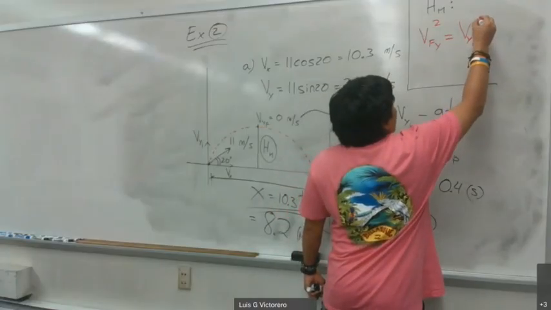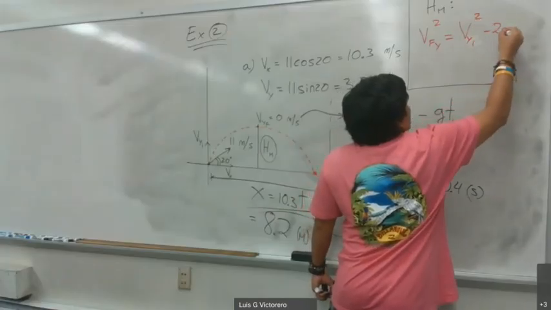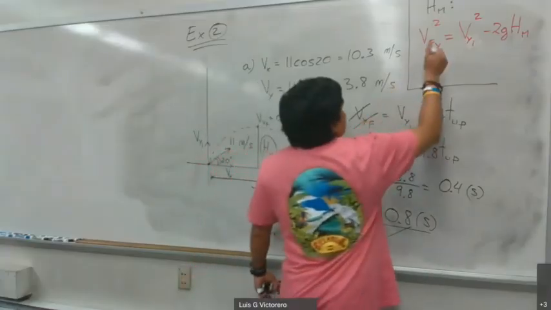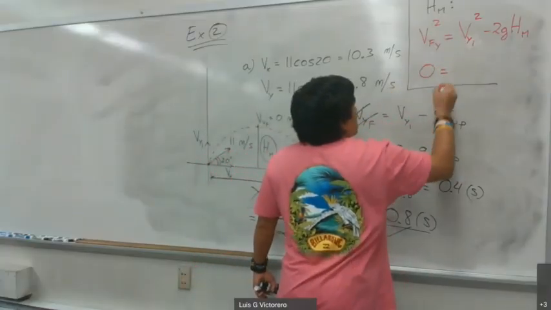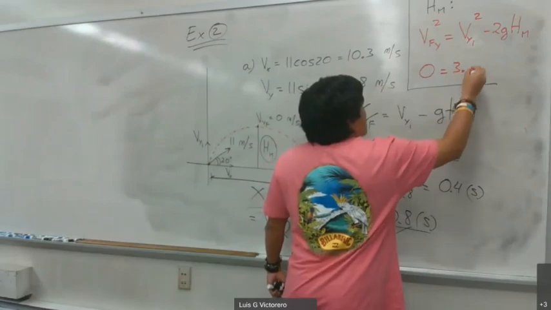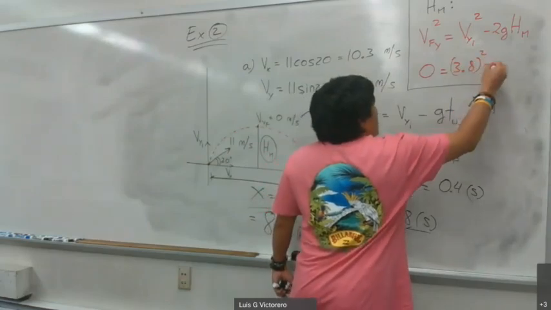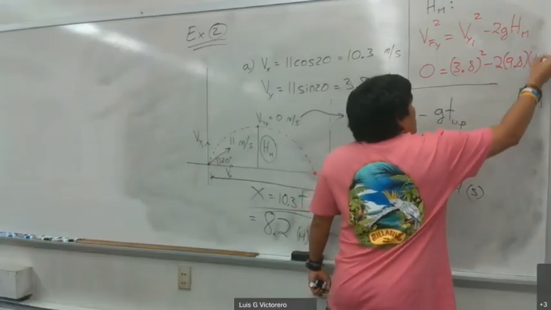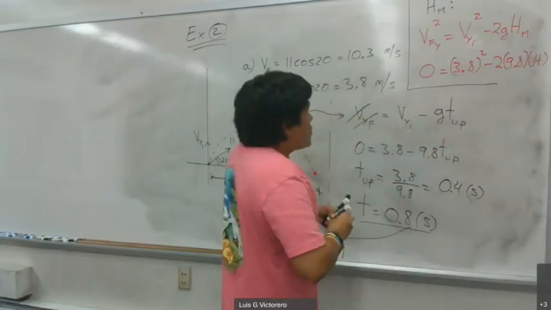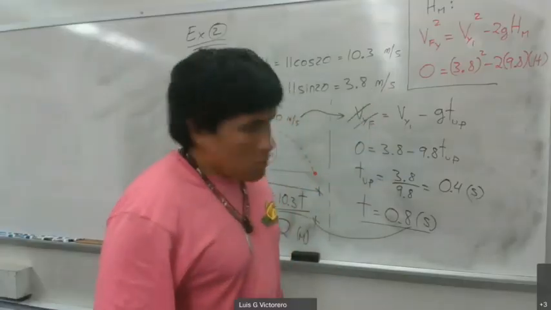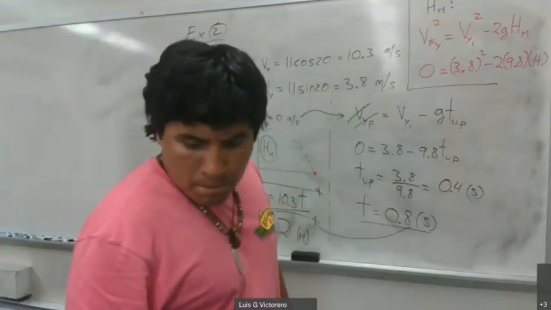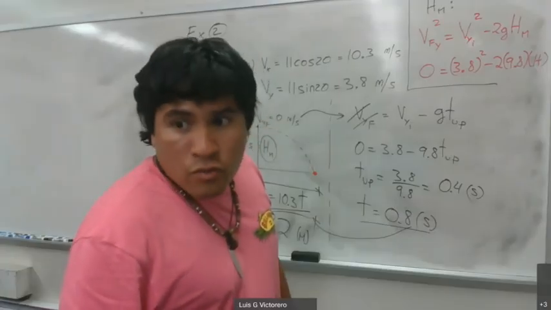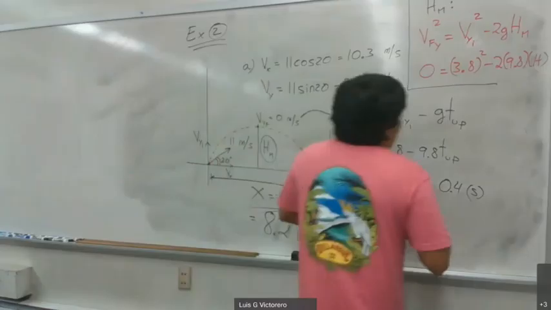Vy final squared equals Vy initial squared minus 2gh. Why I like to use it? Because Vy final is 0. So the value of h will be 3.8 squared divided by 2 divided by 9.8. It shouldn't be much: 0.7 meters.